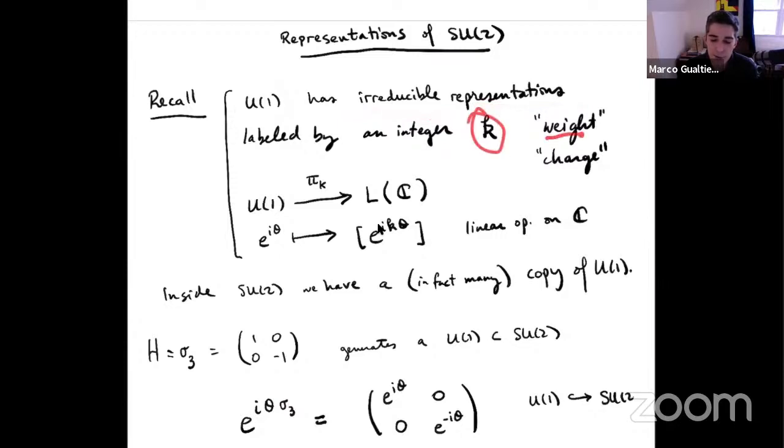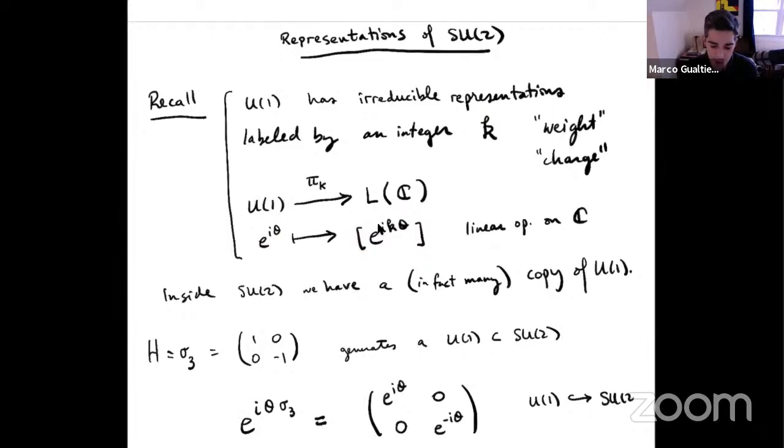This is called the weight or charge, depending on whether you're in math or physics. The charge k representation takes e^{iθ} to a 1-by-1 matrix with entry e^{ikθ}, where k is an integer. This is a linear operator depending on theta. It has the representation property and it's acting on a one-dimensional vector space.